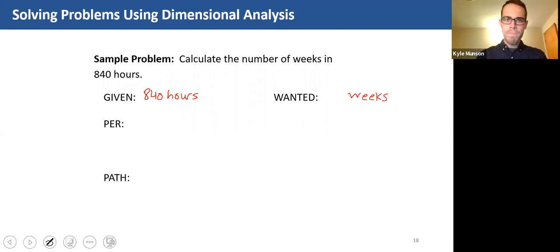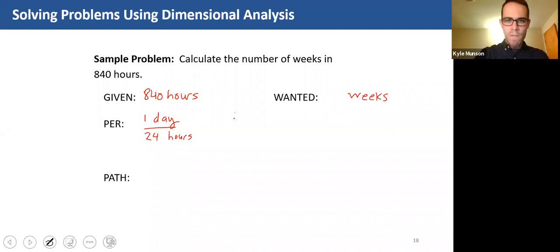All right? And the per expression, well, there's not really one per expression between hours and weeks. I'm sure there is if you looked up online, but I don't know it off the top of my head. But I do know that for every 1 day, there's 24 hours. Okay.